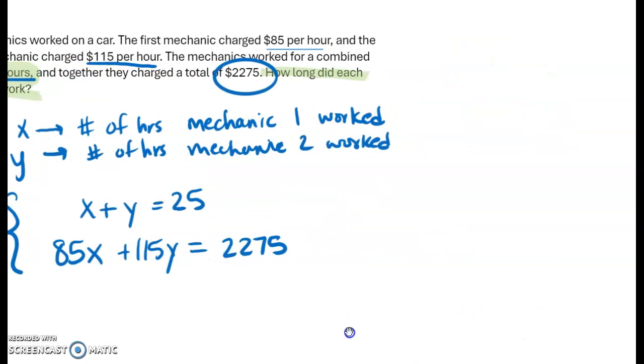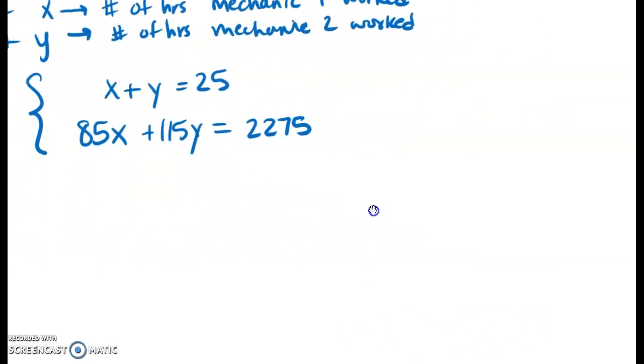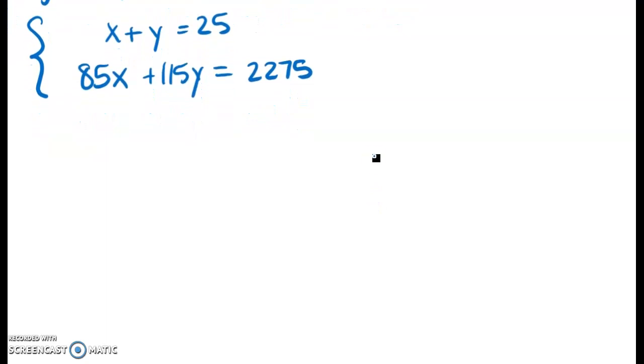So let's say that we decided to use the substitution method. So I'm going to solve for one variable, and there's various ways you could do this. Let's say that I decided to solve for the x here. And so I'm going to rewrite this equation. I'm going to solve it for x by subtracting y from both sides. So I have 25 minus y.